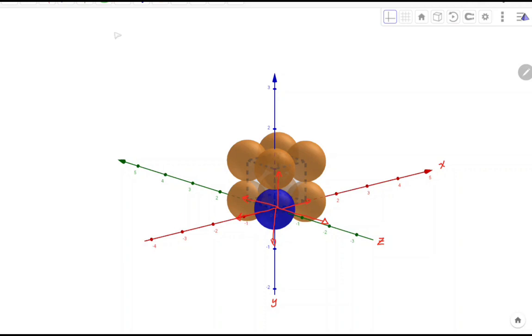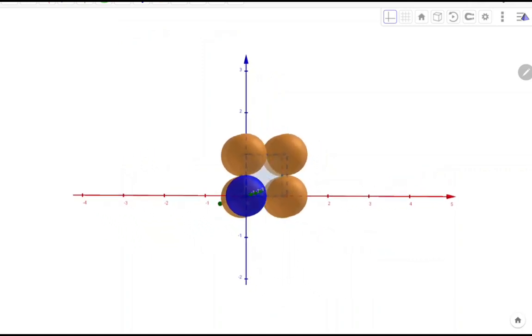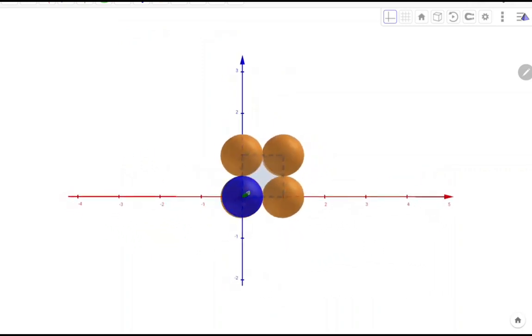So the first nearest neighbors equal 6. Now let's find the second nearest neighbors.